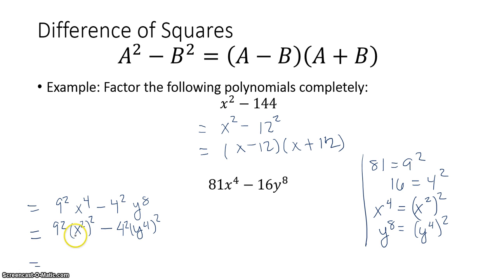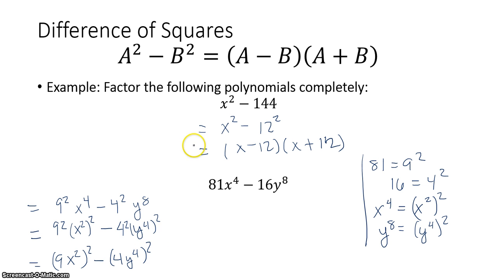And again, using another property of exponents that we learned about earlier in this chapter, since I have a 2 on each of these two terms, I can go backwards. We learned that we could distribute exponents inside the parentheses onto each term, but I can also go the other way and write this as 9x squared squared minus 4y to the fourth all squared.